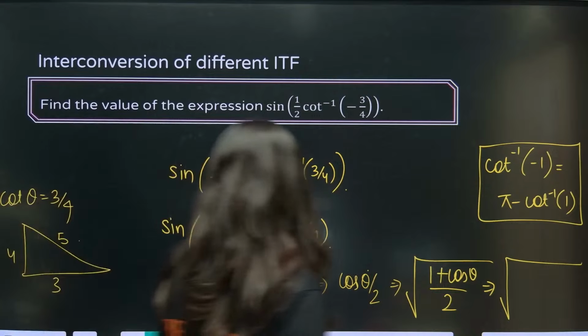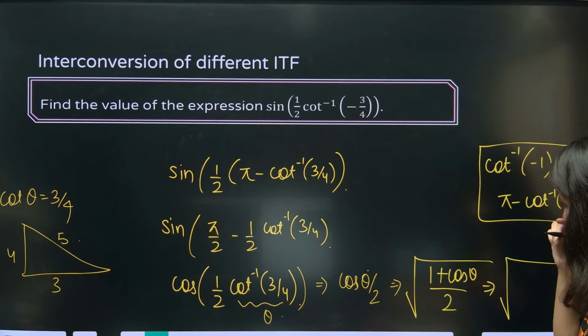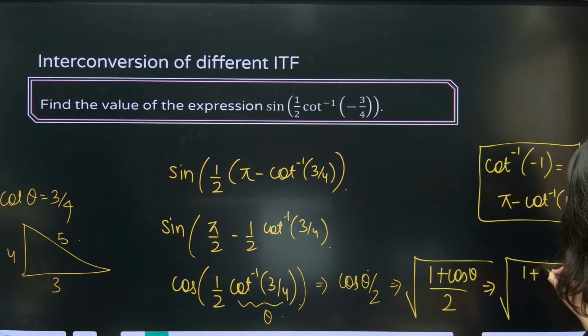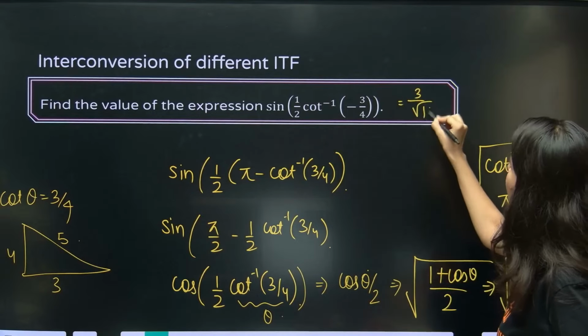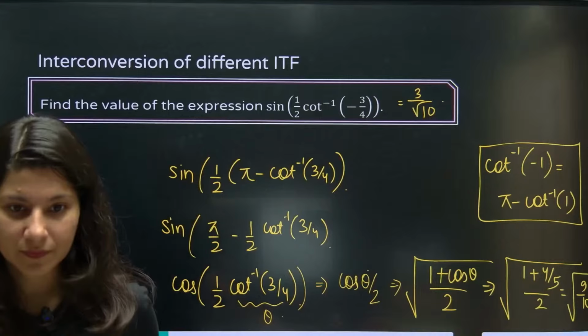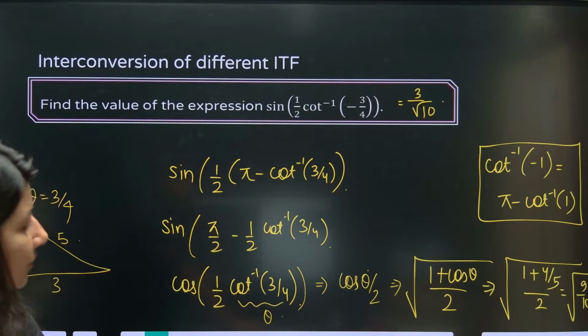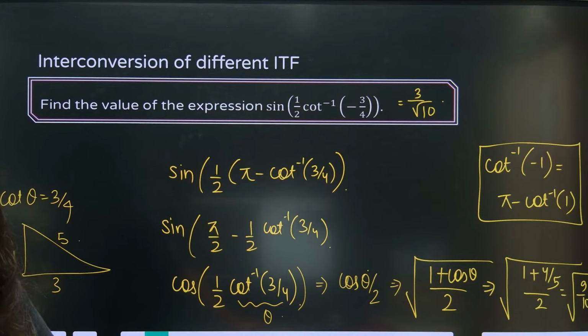So it is going to give you what? Tell me. 1 plus cos is what? 4 by 5. So (1 plus 4 by 5) by 2. Correct? What is going to get? 9 by 10. So 3 by root 10. Have I done anything wrong?